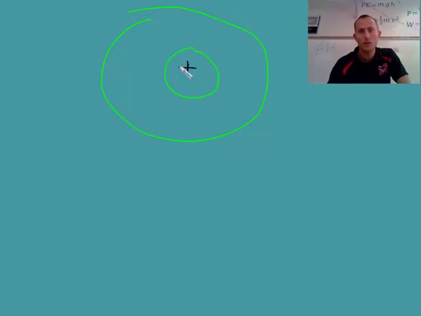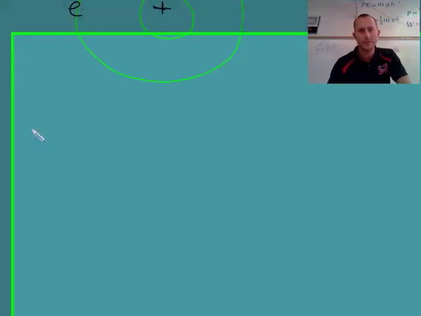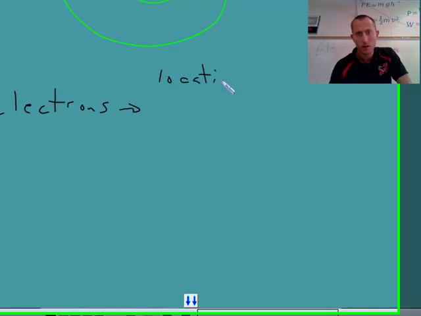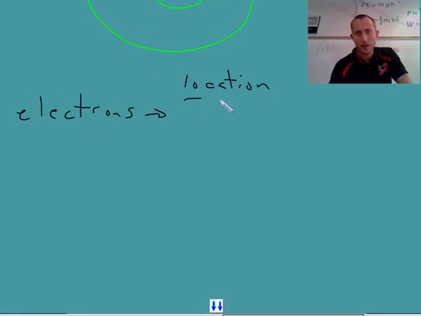The overall charge of the nucleus is positive, and then obviously the electrons outside are negative. So we have electrons in the electron cloud that's outside the nucleus.